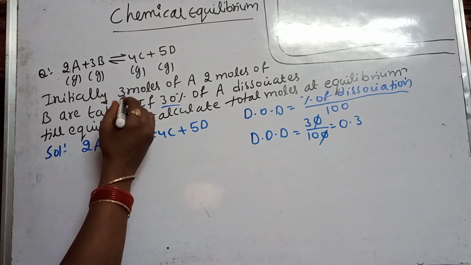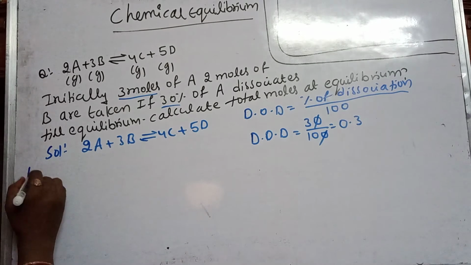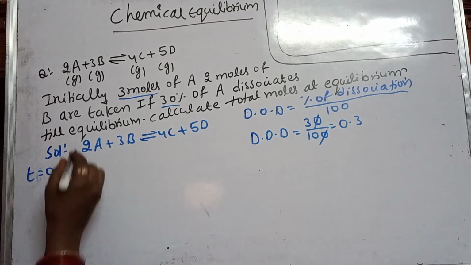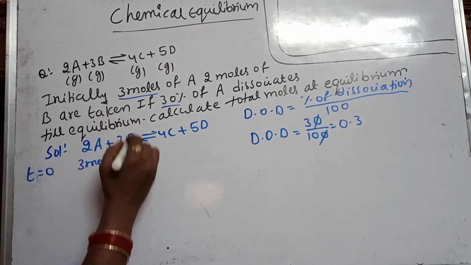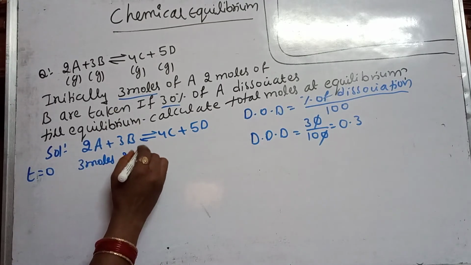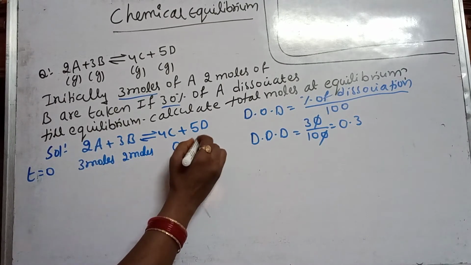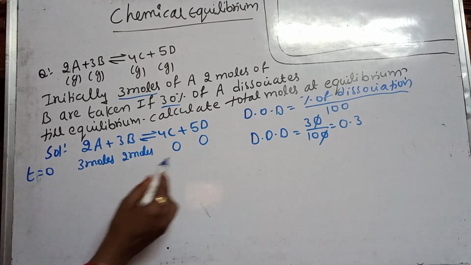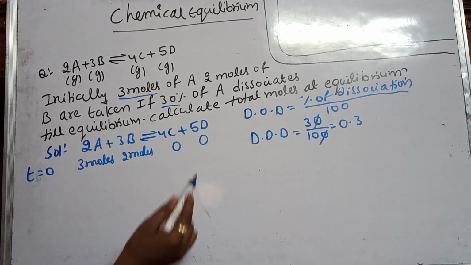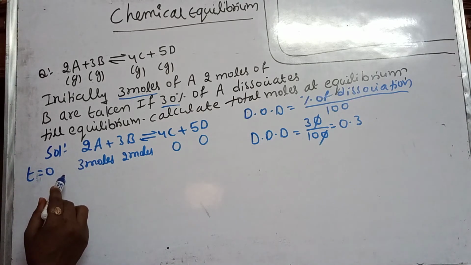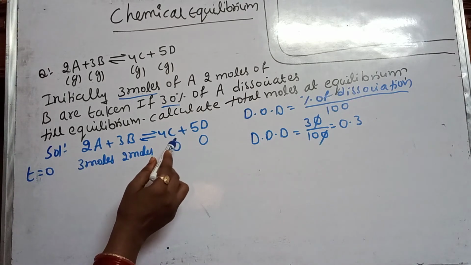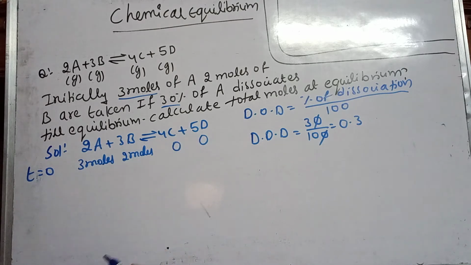So see the problem. Initially, at t equal to 0, 3 moles of A and 2 moles of B are given in the problem. But at t equal to 0, you have to always remember that the moles of products are 0, 0 moles.